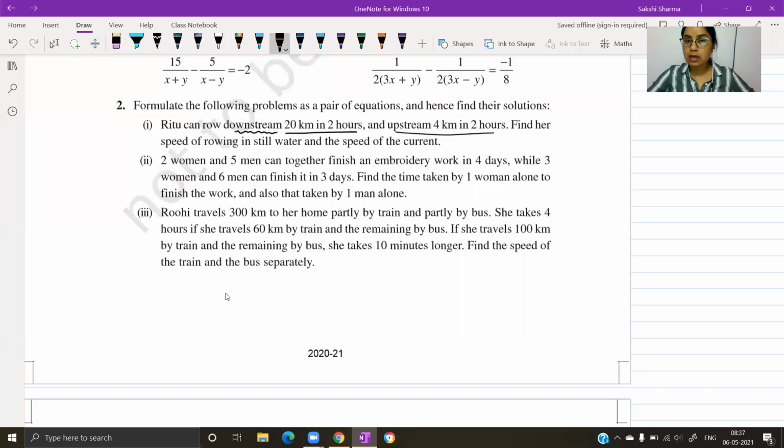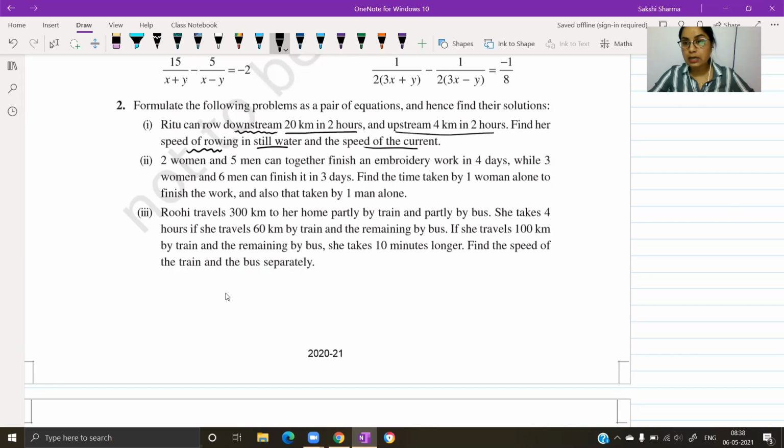You are given the distance covered and the time taken. If she travels against the flow of water, upstream means against the flow of water, distance of 4 kilometers is covered in 2 hours. Find her speed of rowing in still water. If the water had no speed, if the water was still, what would be her speed of rowing? And what is the speed of the current? The speed at which the water is flowing.